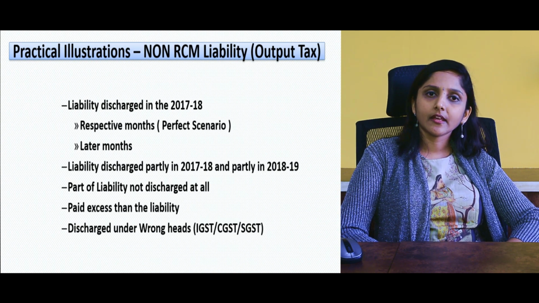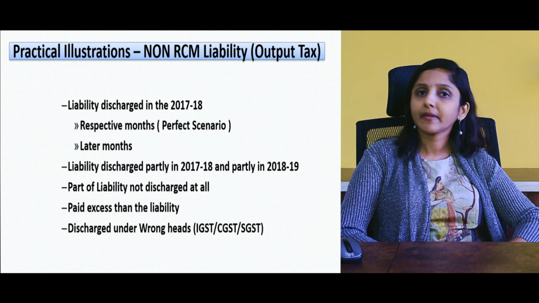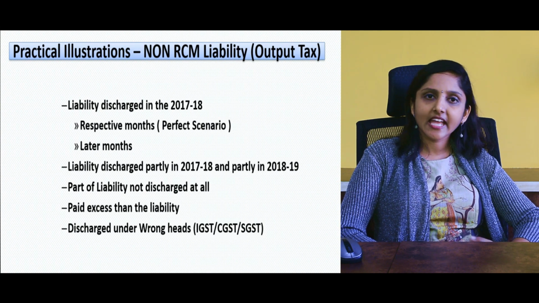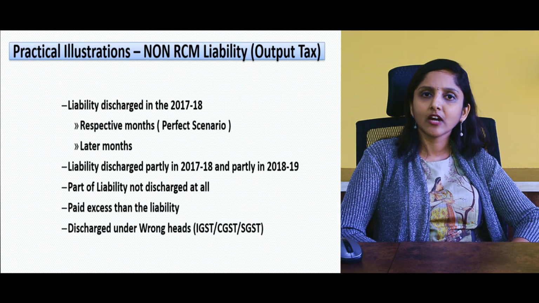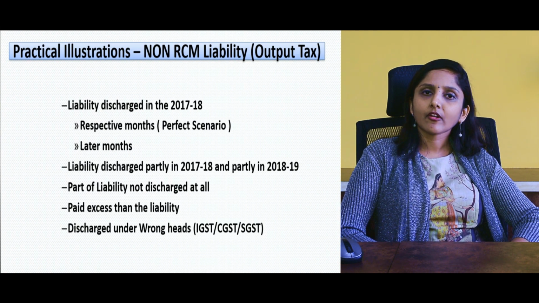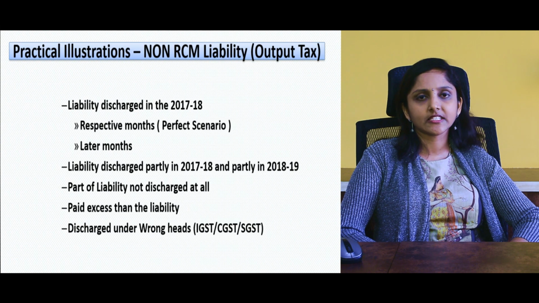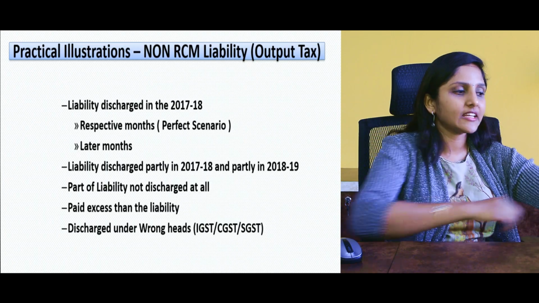The fourth scenario could be that there is still a difference between my books and returns data and a portion of liability has not yet been discharged. So how do you take such a situation? There could also be a scenario wherein excess tax has inadvertently been paid than ought to have been discharged. The final scenario would be a wrong discharge of tax, that is, discharge under a wrong head, be it IGST or CGST or SGST instead of vice versa. These things we would be covering through some practical illustrations.